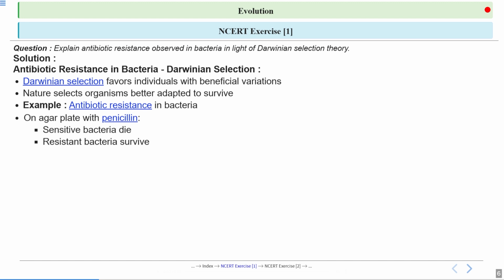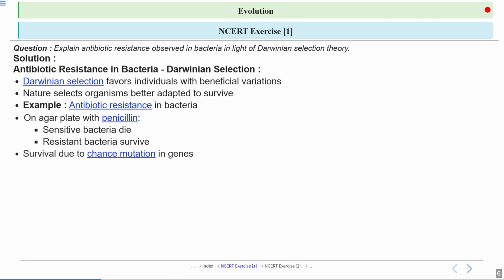In some bacteria there was a variation that provided penicillin resistance; these bacteria will survive and the rest of the bacteria will perish. The resistant bacteria will survive and grow in number. So these are selected by nature because they were able to adapt to the change in the environment. This is a direct observation of natural selection at work.